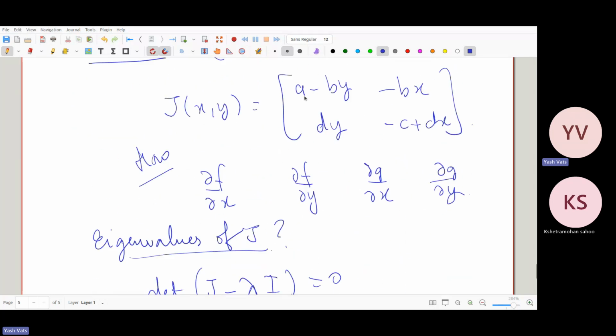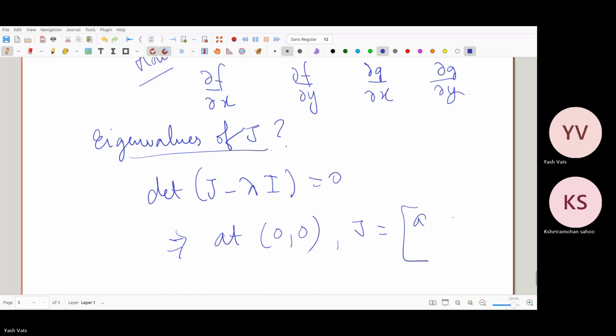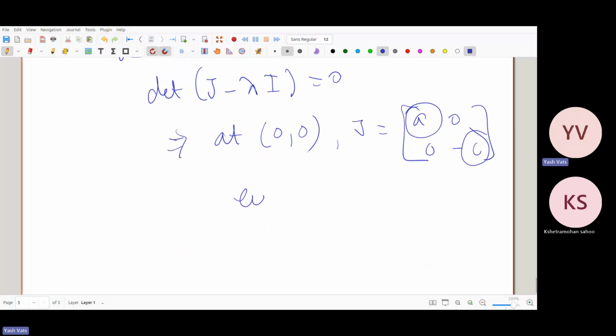J is basically [a, 0; 0, -c]. So the eigenvalues are the diagonal elements: a and -c.